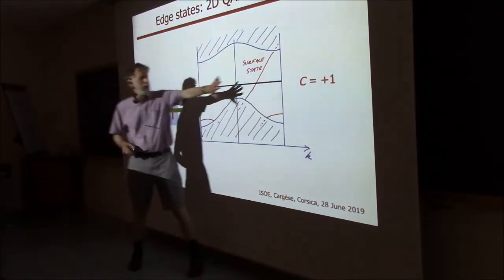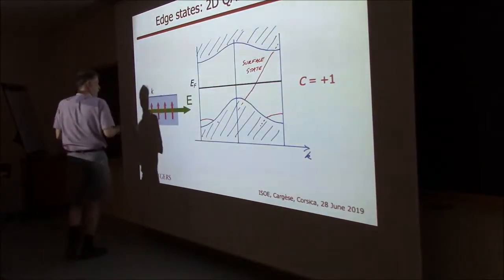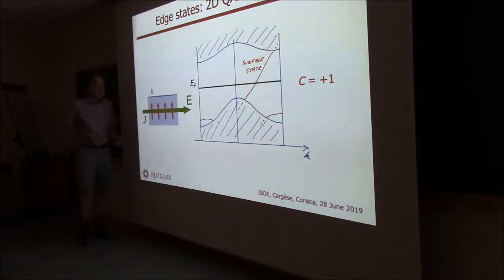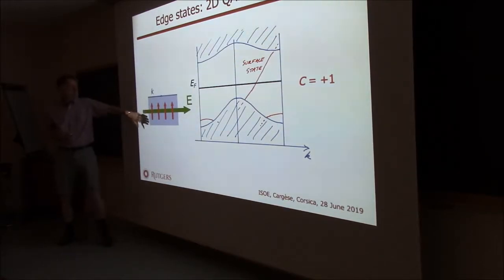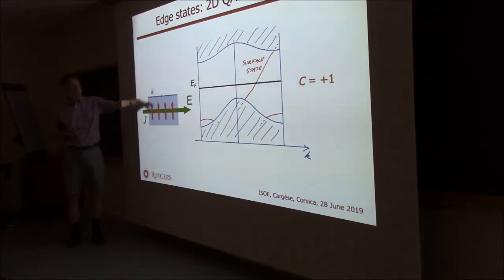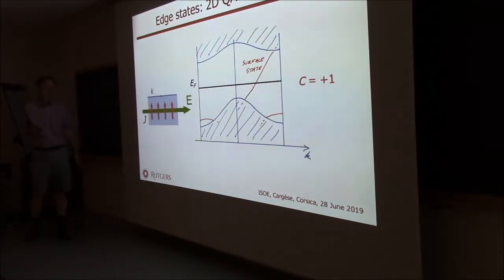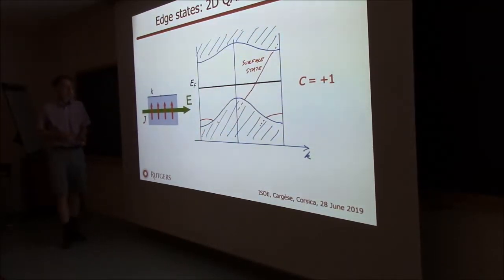If there were no surface state crossing here, then the edge would be perfectly insulating, and I would be watching charge accumulate at the edge, but it has nowhere to go, and that would be a violation of conservation of charge. In other words, I'm really just asking for the ground state of the system in the presence of a small electric field, and stationary states in quantum mechanics are independent of time, so I can't have a growing charge density, so I would have a contradiction.